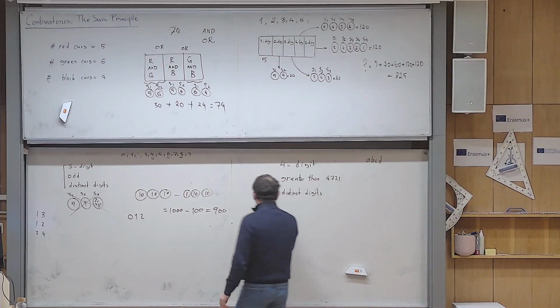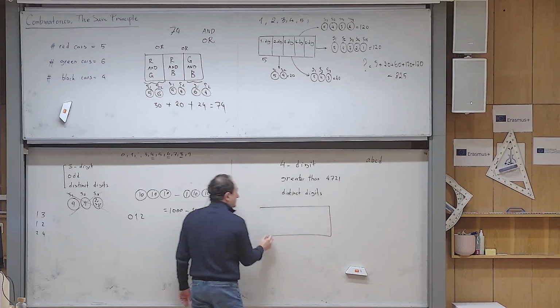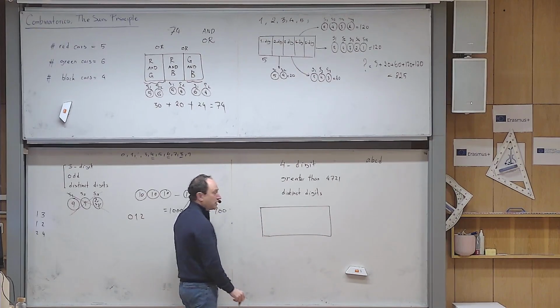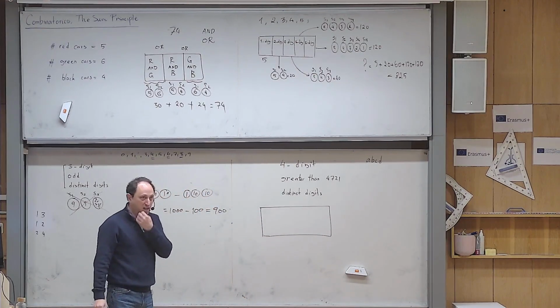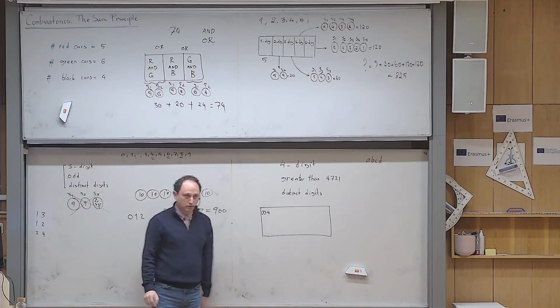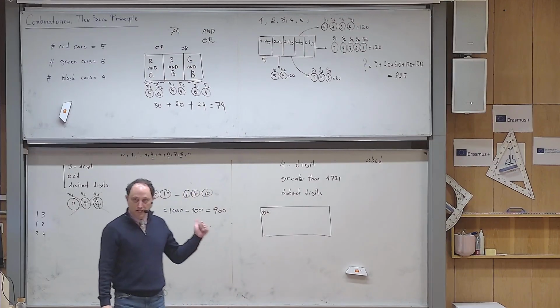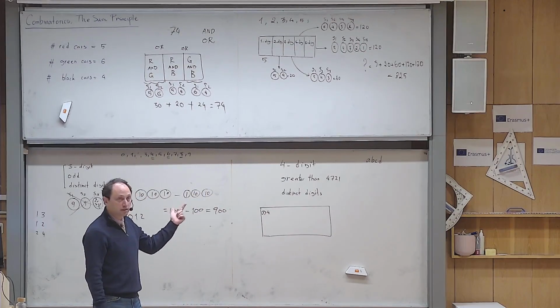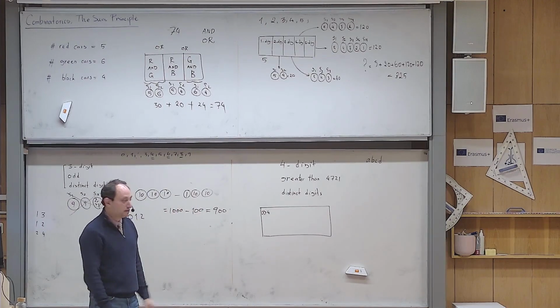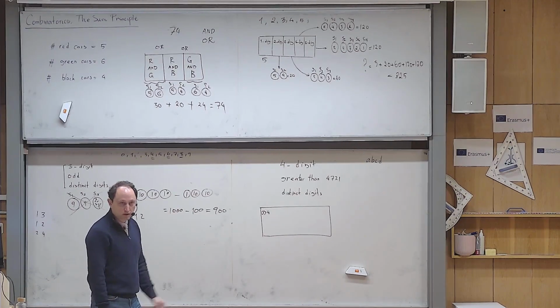I need to understand the meaning of the word greater. It's not a mysterious word, but how can I categorize them? In one partition, I consider A to be greater than 4, and I don't care about the rest. Because if the thousands digit is greater than 4, all my numbers are greater than 4,721.